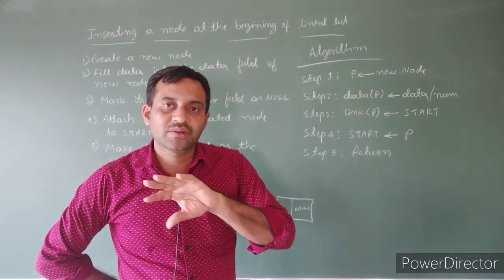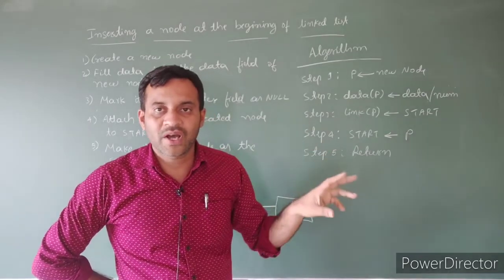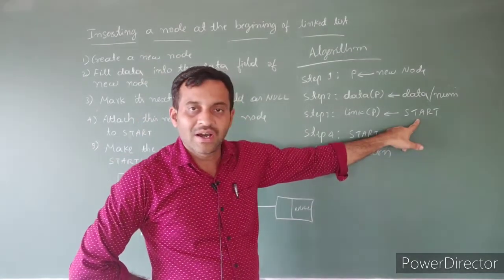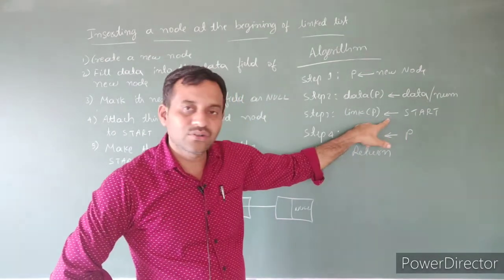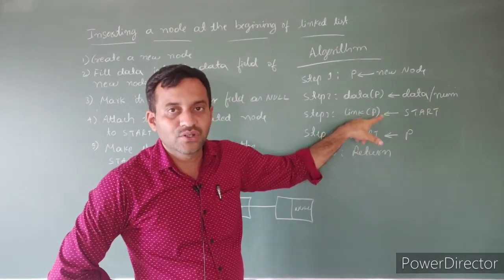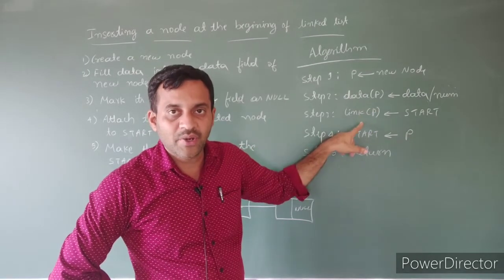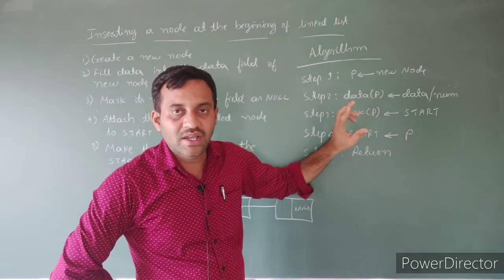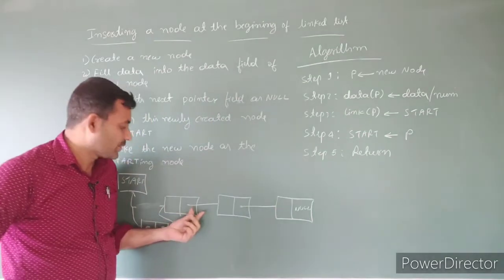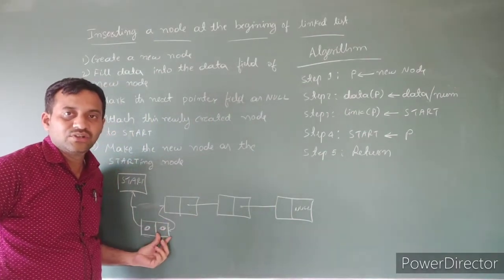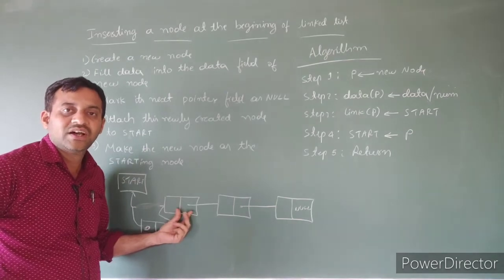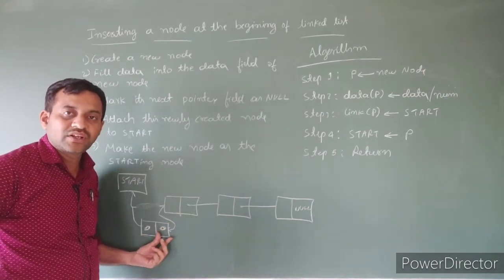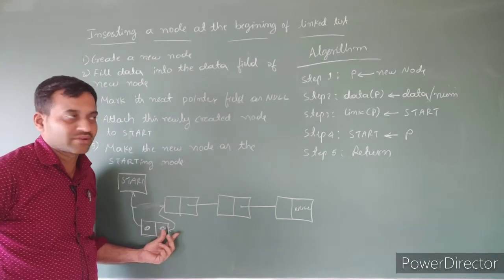We have to copy the content of one pointer to another pointer. Here we store the address of the first node, which is in pointer start, and that is assigned to the link part of the new node. Then the first node's address is assigned to the link part of the newly created node.